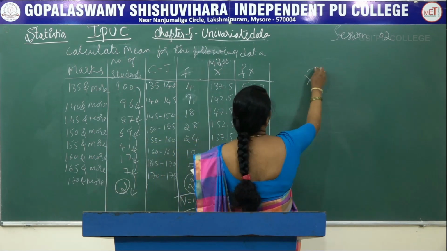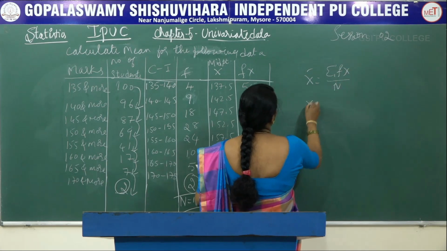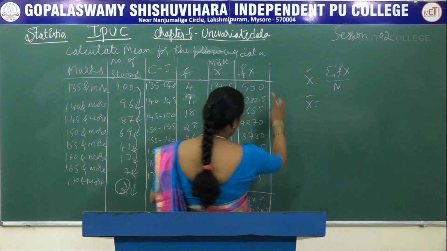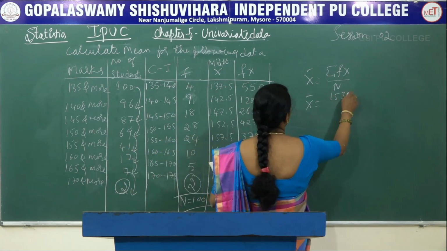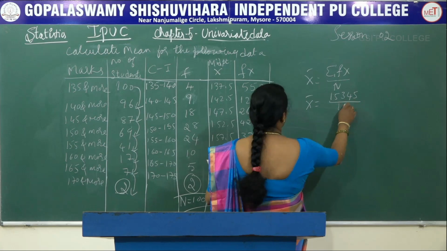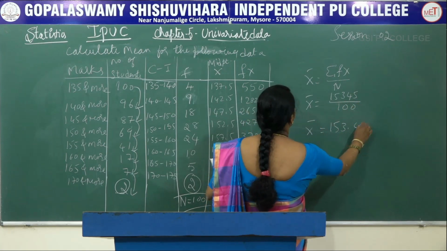The formula is x bar is equal to summation f into x divided by n. The total is 15345 and n is equal to 100. So our x bar value is 153.45.